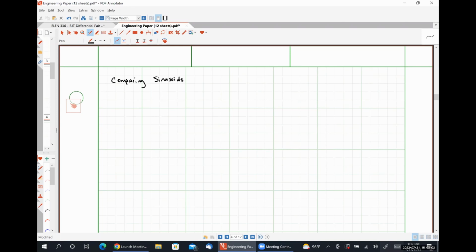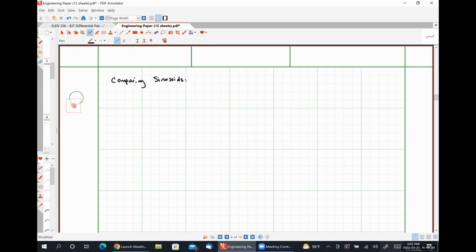So when we compare sinusoids, it is common for us to see that they are out of phase, meaning that they have different phase angles. We're going to talk about that and the concept of leading and lagging in a moment. In order for us to accurately even start this comparison, though, 3 very specific criteria must be met.